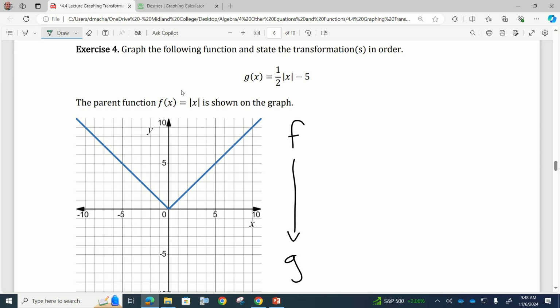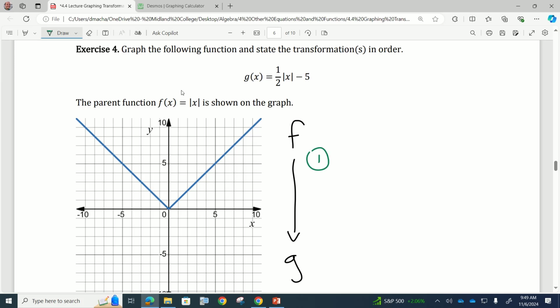So think about the order. I think, am I moving this to the left or to the right? No, I'm not moving it to the left or to the right. Am I stretching this or squishing this or reflecting this at all?